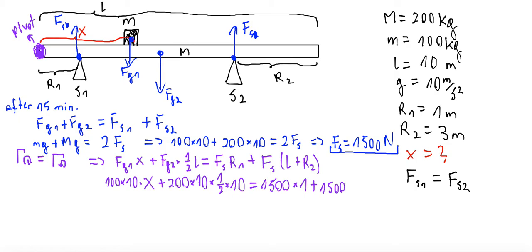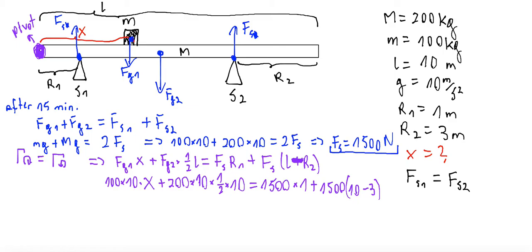Oh, I see a small mistake, it is L minus r2. I hope that I said minus. Because the distance between the pivot and support 2 is L, which is 10 meters, minus r2, which is 3 meters.